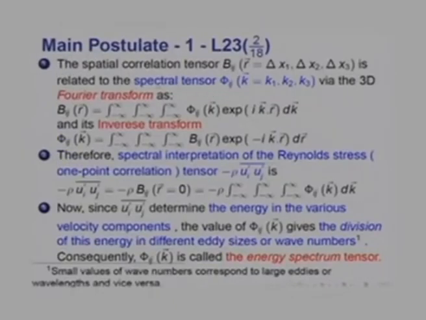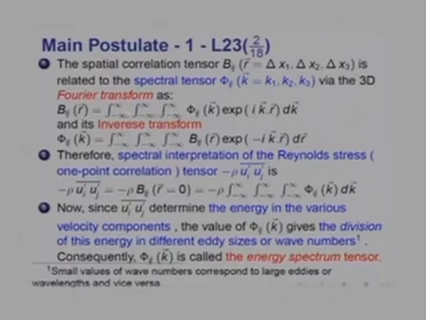So, you will recall the spatial correlation tensor B_ij at a vector position r, del x1, del x2, del x3, is related to the spectral tensor phi_ij as a function of wavelength vector k via the 3D Fourier transform, and the Fourier transform is defined as B_ij(r) equal to the integral from minus infinity to plus infinity, three times over, of phi_ij(k) exponential of i k dot r dk. i is the complex number, square root of minus 1.